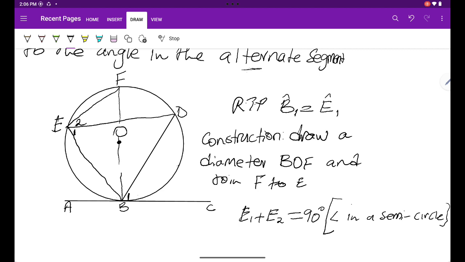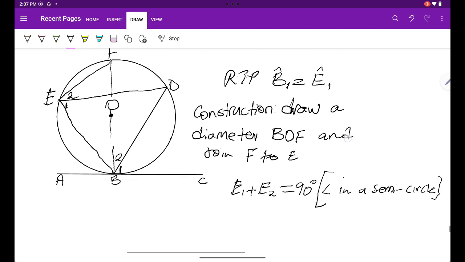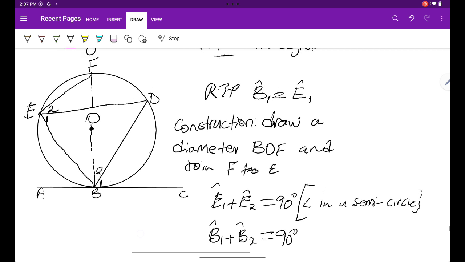So again, if we look at angle B1, let's say this angle is B2. Let's also write that one. All right. So B1 plus B2, angle B1 plus B2, it's also 90 degrees.